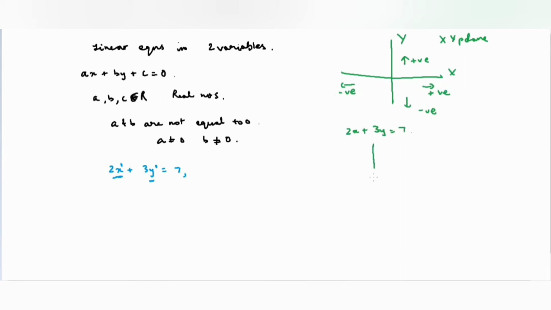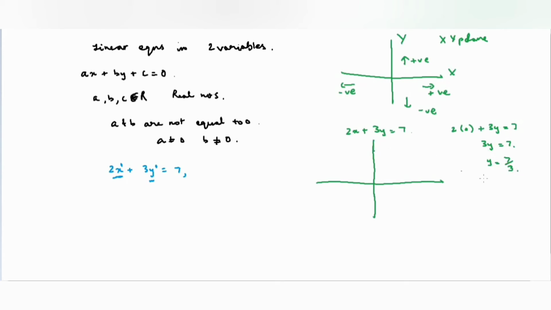Now how do we plot the graph? First we put x equal to 0. So we get 2 into 0 plus 3y equal to 7, 3y equal to 7. Now we'll take 3 to the other side, we'll get y is equal to 7 by 3.